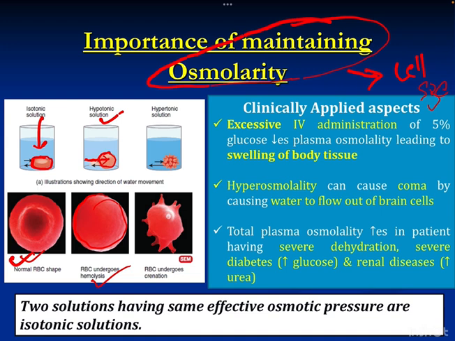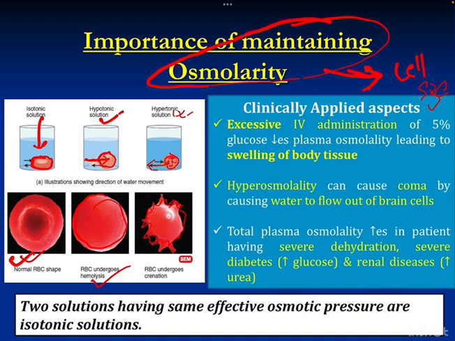While if the cell is kept in a hypertonic solution, meaning a more osmolar solution, then there is a fluid shift from the inside of the cells to the outside, so that there will be crenation of the cells. So that's why maintaining the osmolarity helps to control the cell size.